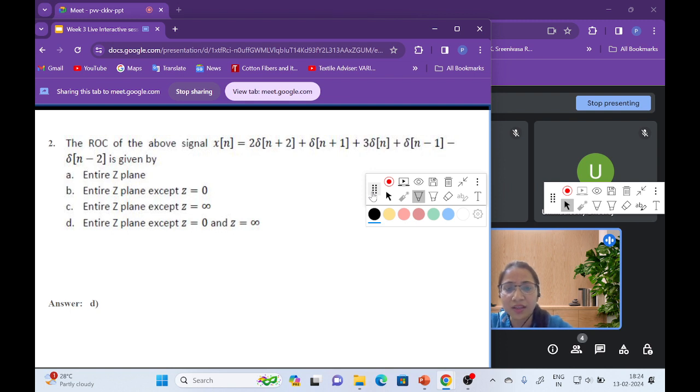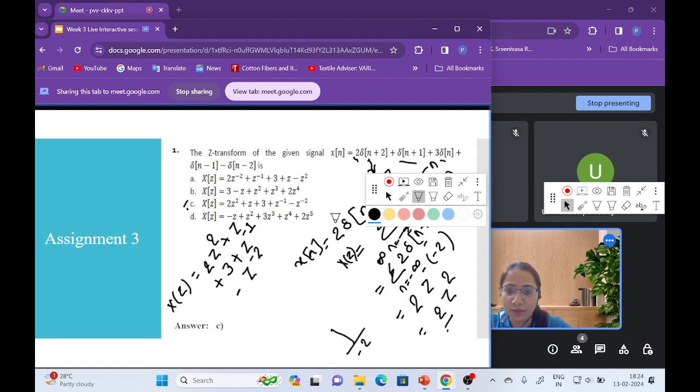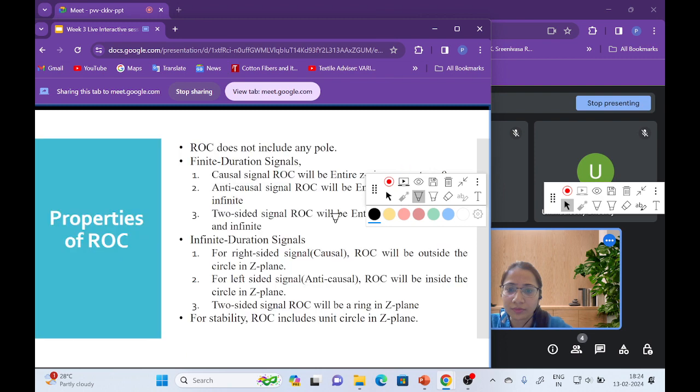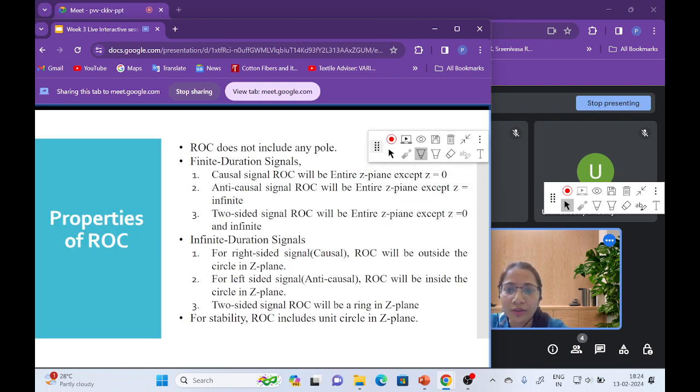Here it is written that if a signal has a finite duration, then the ROC will be the entire Z plane except Z equal to 0 and infinity. I am just showing you once. For a two-sided signal, the ROC will be the entire Z plane except Z equal to 0 and infinity.